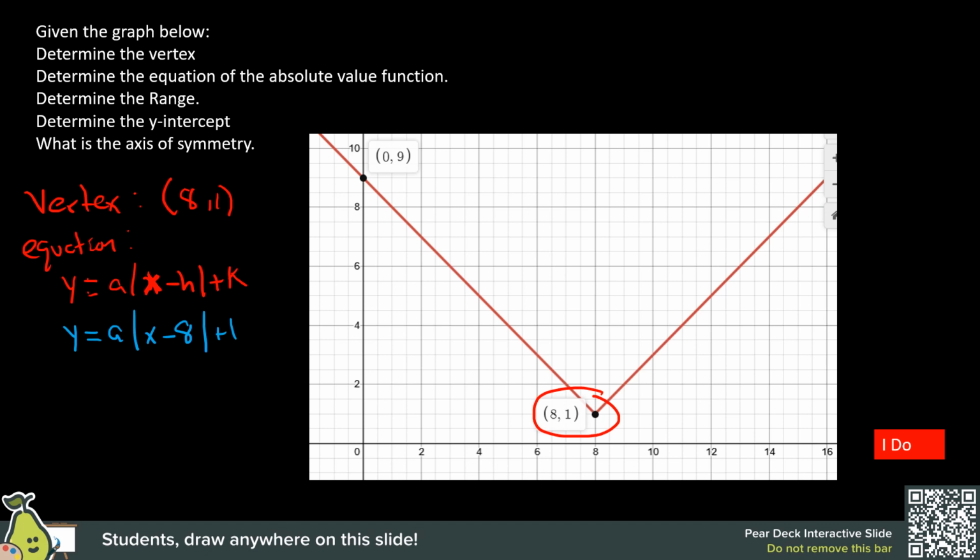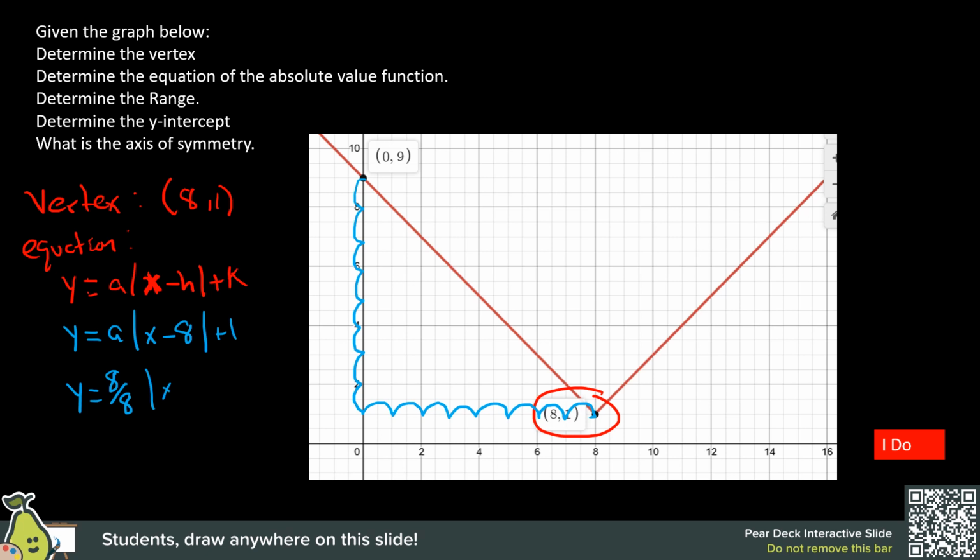Well, I'm going from 0, 9, so I'm going to go down 1, 2, 3, 4, 5, 6, 7, 8. I'm going down 8. So my a value is equal to 8 over, 1, 2, 3, 4, 5, 6, 7, 8.